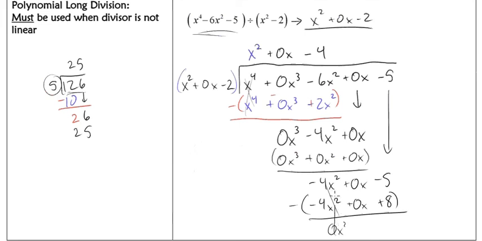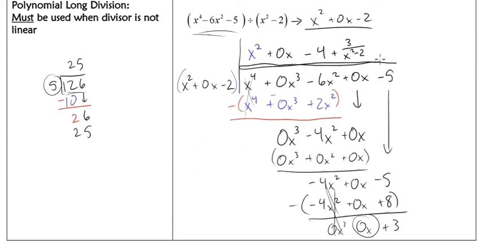And again, that one should cancel out. Plus 0x and then plus 3. All right. Now we've come to the end. We've got 0x, and we'd be dividing by an x squared. So we're at our remainder now. And so if there was an x term or x coefficient, we would keep that. But we're going to end up with 3, and it's positive 3. So plus 3 over x squared minus 2.